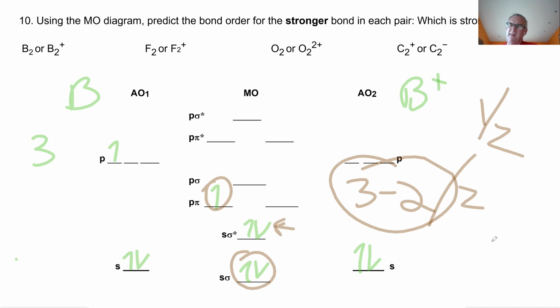So what does that mean? If I have a bond order of 1/2, does that mean that it's theoretically possible? I mean, if I have a bond order of 0, that means no, I do not form a bond. That does not happen. What about 1/2 though?